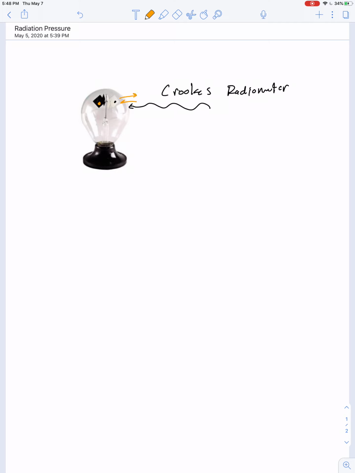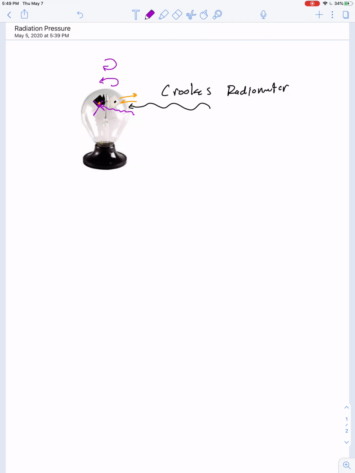And it's a greater change in momentum when an object hits and bounces off, as opposed to what happens on the black side. When the light hits the black side of these vanes, it hits and then it just sticks. And so with greater change in momentum on the white side, it should spin in this direction. But it turns out when the Crookes radiometer is illuminated, it actually spins in this direction.